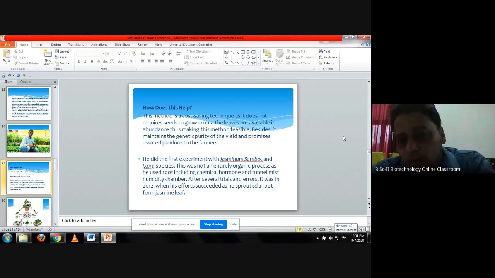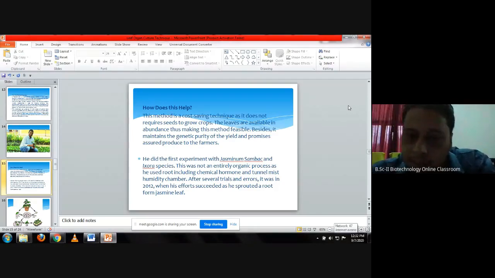But in sexual reproduction, what happens? Pollen grain comes and develops on a stigma, then a pollen tube is formed and the male gamete fuses with the egg cell. Right? So the female gamete comes from the egg part and the male gamete, the pollen grain, may be from the same plant or a different plant.